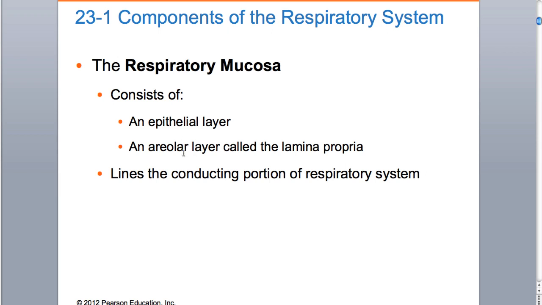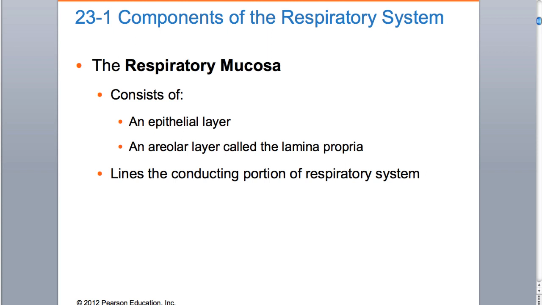Below that, we see the areolar layer, and in this case, we commonly call it the lamina propria. You will see that term again in the digestive chapter, chapter 24. When we say lamina propria, we're talking about the connective tissue. So areolar tissue, connective tissue, lamina propria. And again, notice it says here it lines the conducting portion. It's only the passageway of air. It's not for gas exchange.